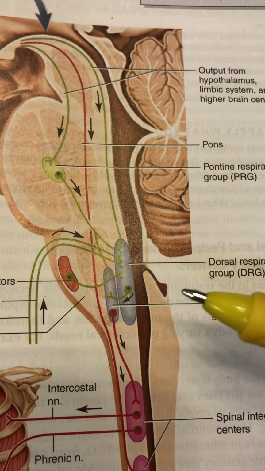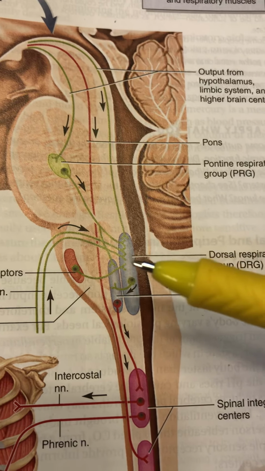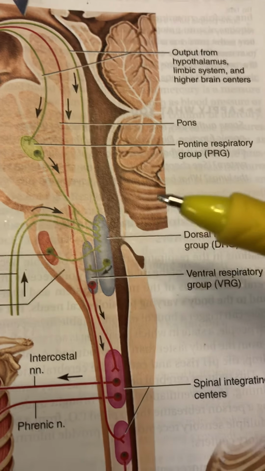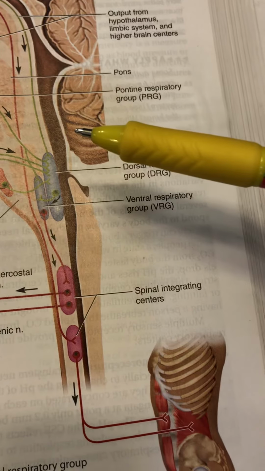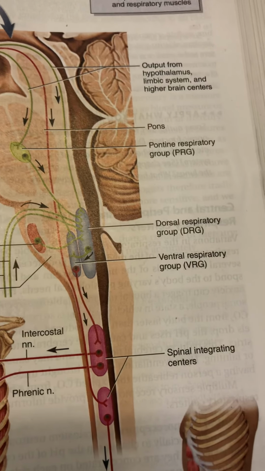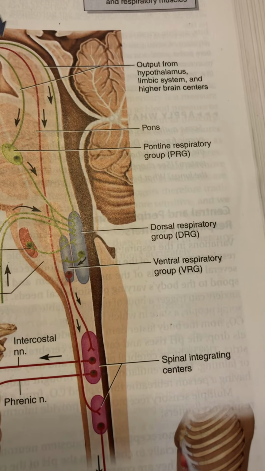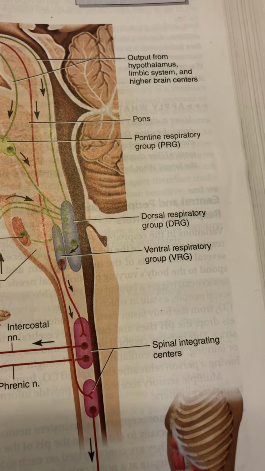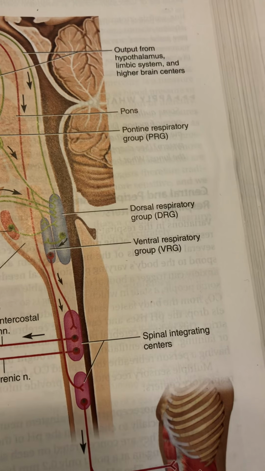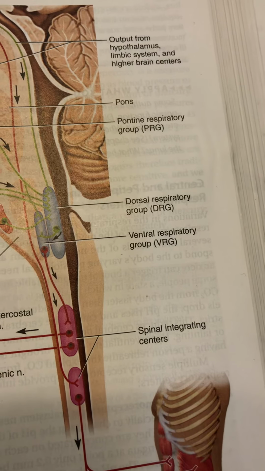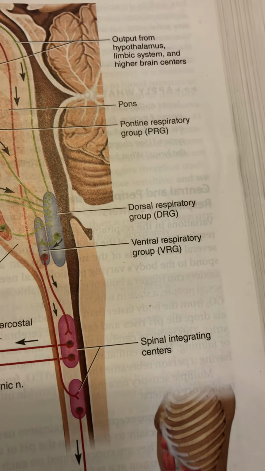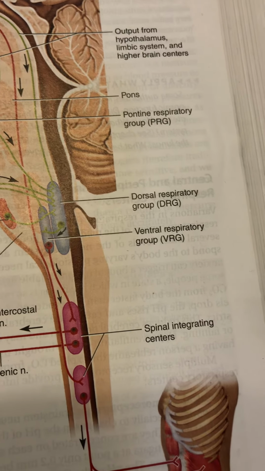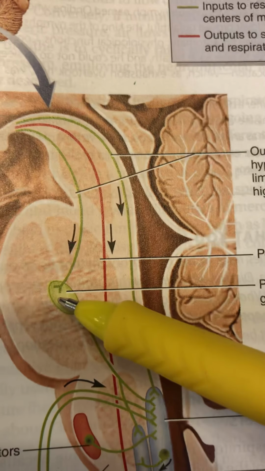Okay, so let's talk about those sources where the DRG receives input from. The DRG gets input from higher brain centers involved in emotional and voluntary influences on respiration, from the pontine respiratory group. This is the pontine respiratory group right here.